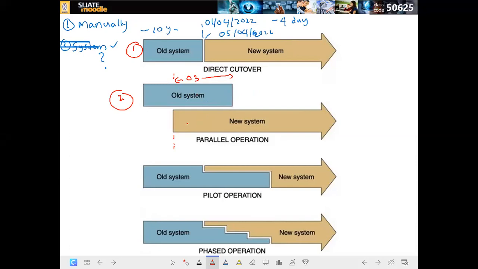Then the other advantage is, let's say there may be problems with the new system, right? There may be errors, or there may be some conflicts for the users with the new system. මේ අලුත් system එකේ errors තියෙන්න පුළුවන්, සමහරට ප්‍රශ්න තියෙන්න පුළුවන් අලුත් users වලට.